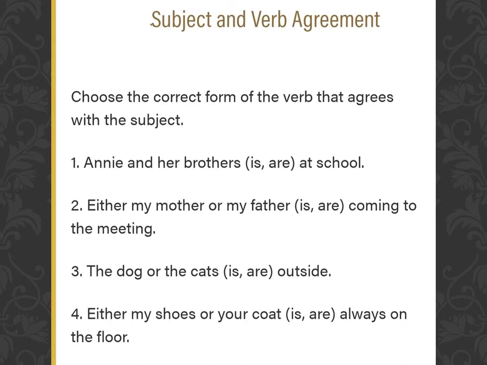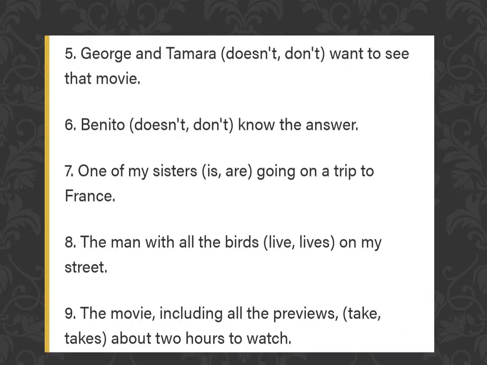The answer is either my shoes or your coat is always on the floor. Number 5. George and Tamara dash want to see that movie. The answer is George and Tamara don't want to see that movie.